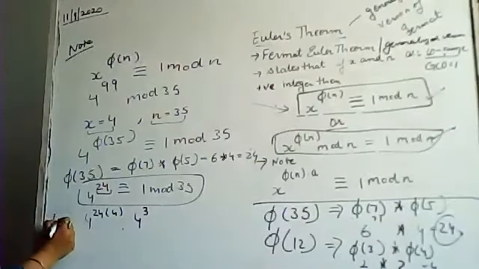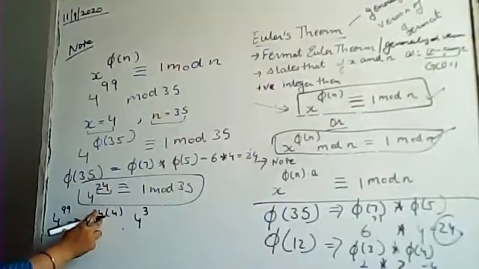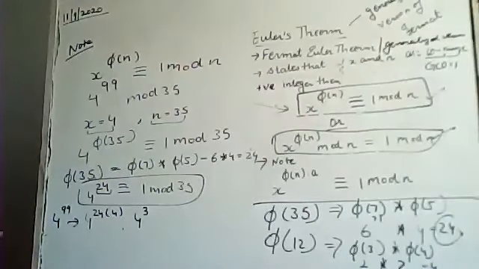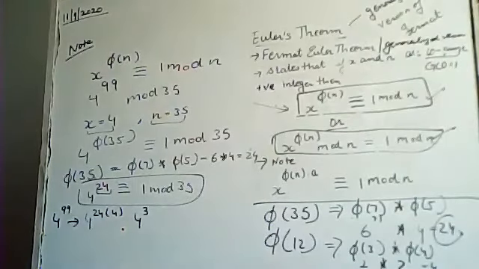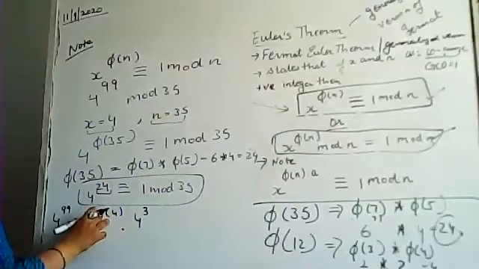So we can divide this 99 in such a way: 24 times 4 is 96, 96 plus 3 is 99. Clear? This is how we can divide this particular thing.